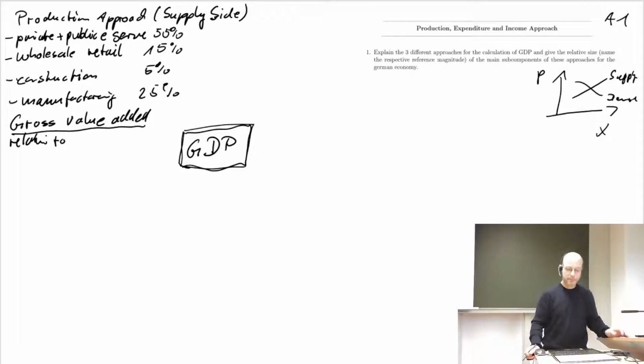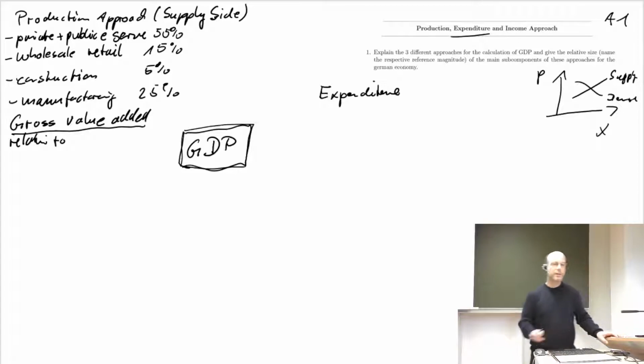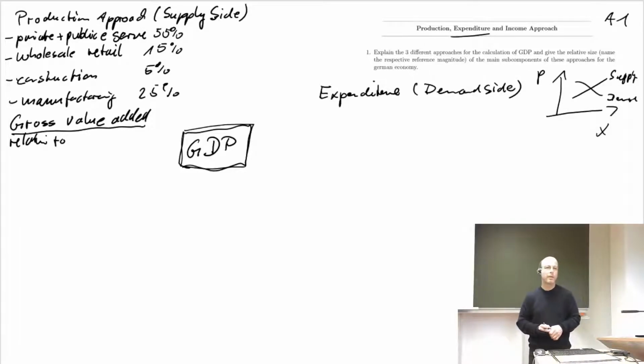Okay, then let's take the expenditure approach. Which side of the economy is this then? Yep, demand. And which main components have we looked at?